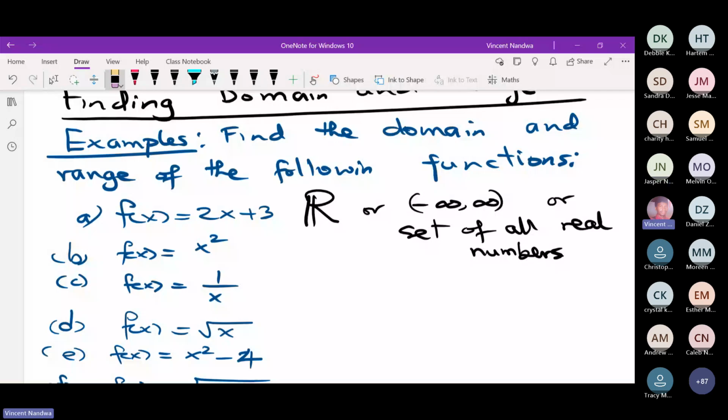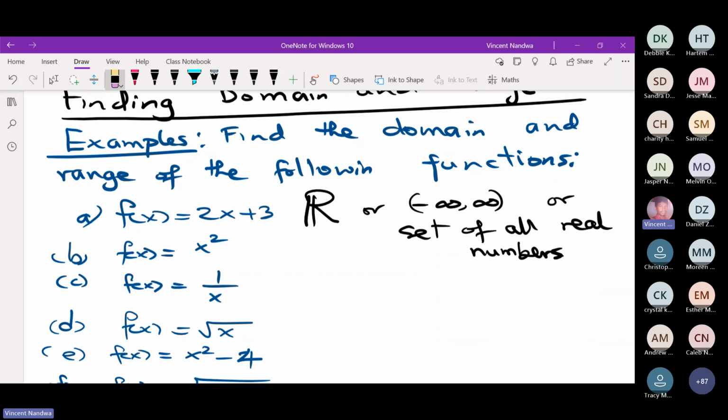We can write this the way we have written in case A, R, or in interval notation, or in words, set of all real numbers. Now that we have the inputs, let's see how they are behaving.